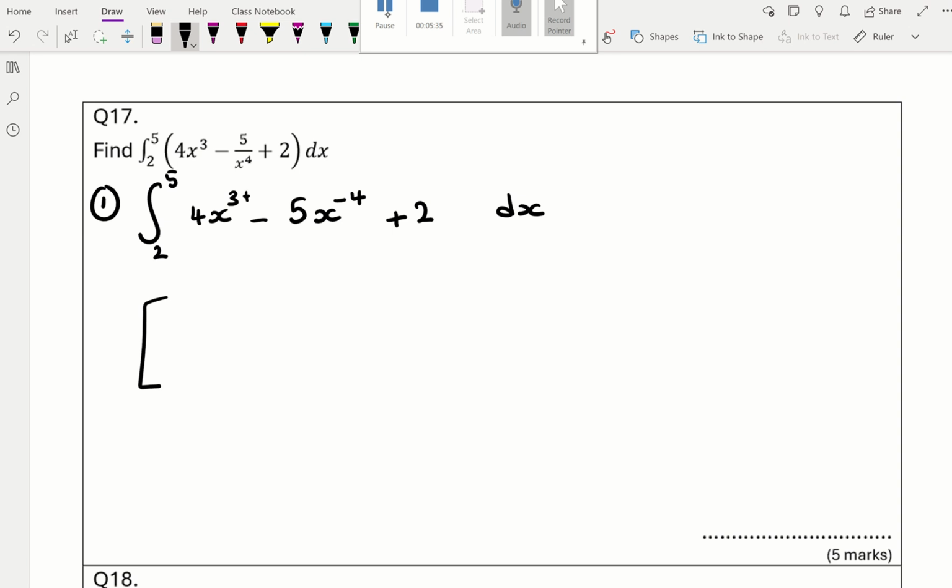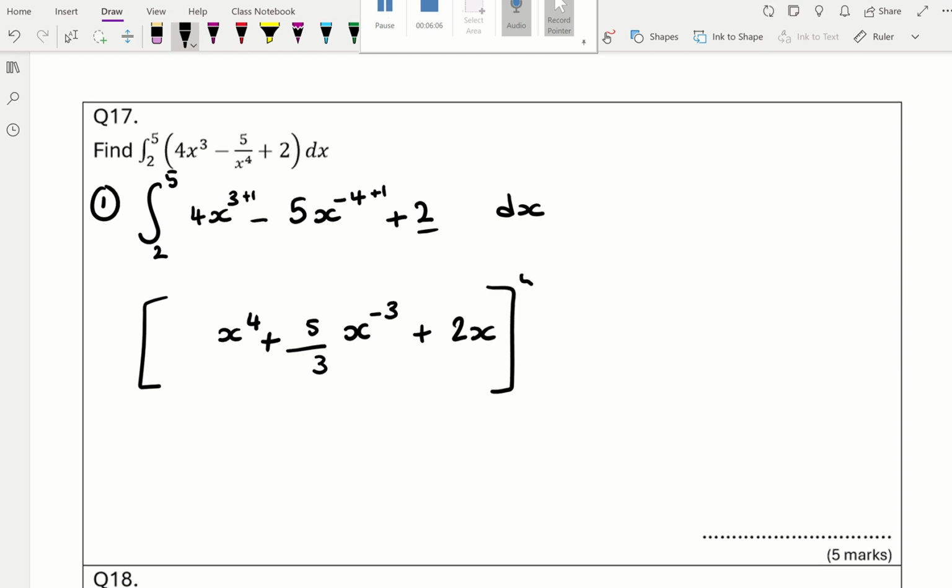I'm adding 1 to the power, so this is x to the power of 4. 4 divided by 4 is 1, so I leave it. And this is x to the power of negative 3, because I add 1 to that. I'm going to do negative 5 divided by negative 3, and that gives me plus 5 over 3. And then the 2 simply becomes plus 2x.